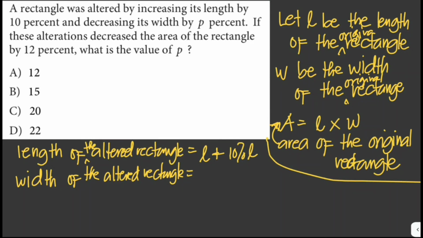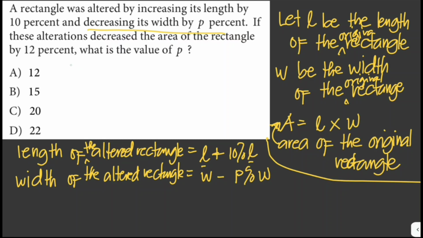The length of the altered rectangle is just the original length plus 10% of that length, and the width of the altered rectangle is just the original width. It says here decreasing by p%, so that is minus p% of the width.